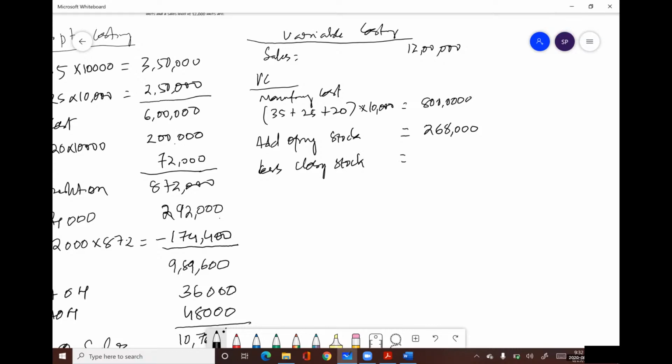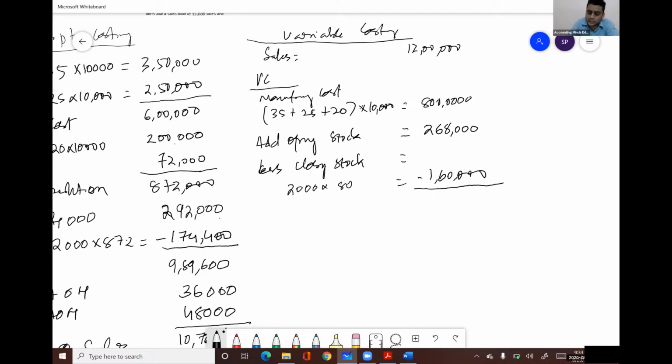What are Urmila, Manisha, all of you getting? This is 2,68,000, right? Yes, sir. What is the closing stock value? 8 lakhs divided by 10,000, into 2,000. 2,000 into 80 is 1,60,000.